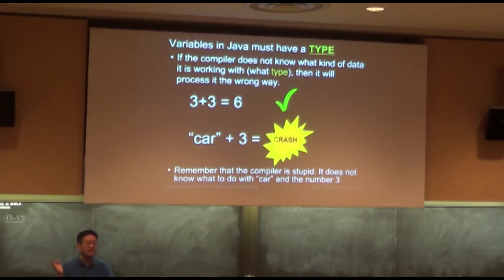That's way better than having to trace through that whole program and being like, okay, well, car might have gone into this variable, and 3 went into this variable, and then it went over here, and it got added to this. And like tracing through that whole program to find out, oh wait, at this point we added those two together, that's where it blew up.